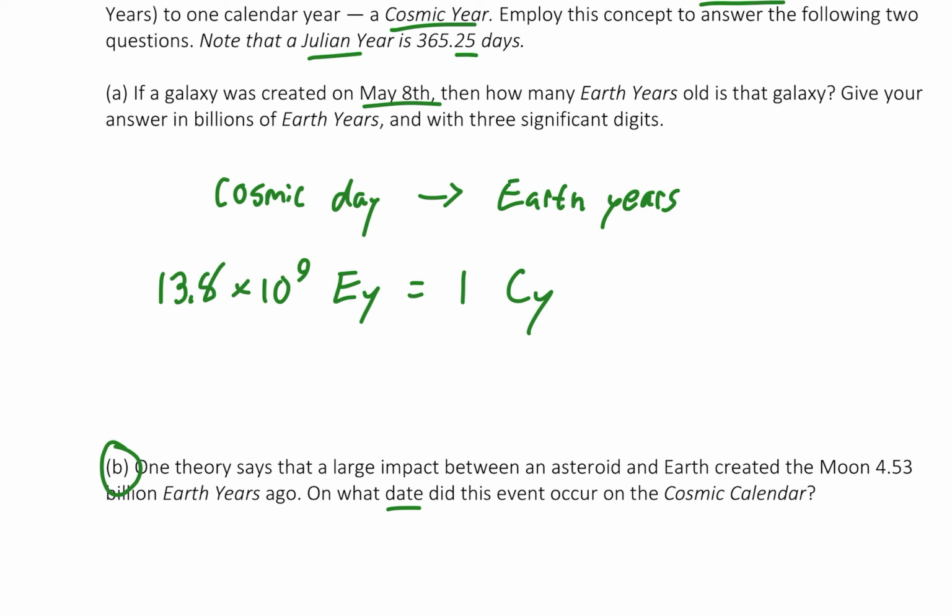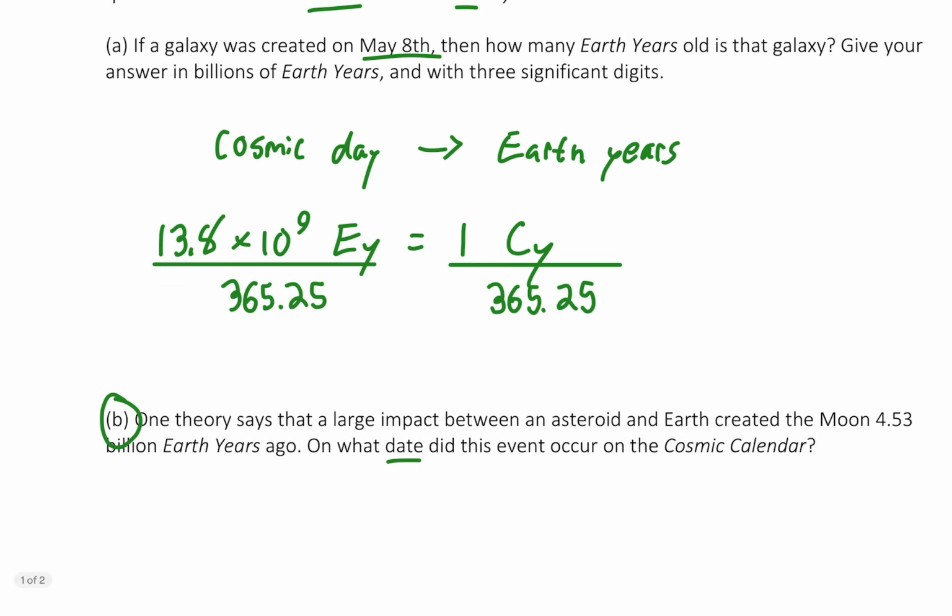So what we want to do is just divide both sides by 365.25, do the same thing over here. So 365.25, and what that's going to give us is the number of Earth years in one cosmic day.